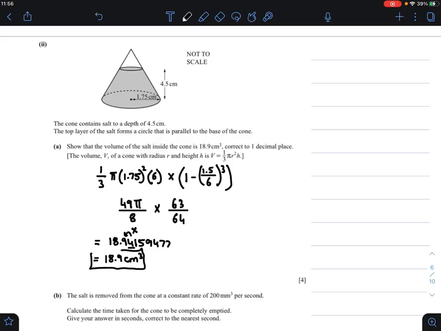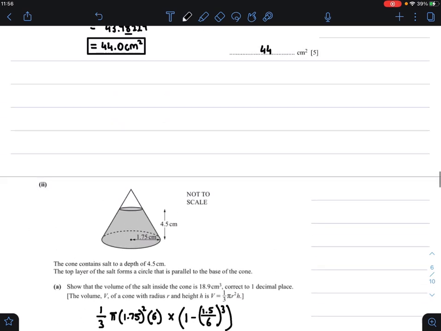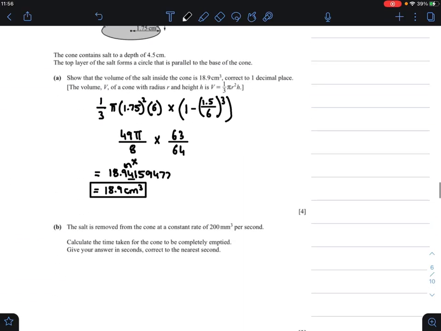Therefore 18.9 centimeter cube will be your final answer for part B2A of this question. Now let's move to part B2B.